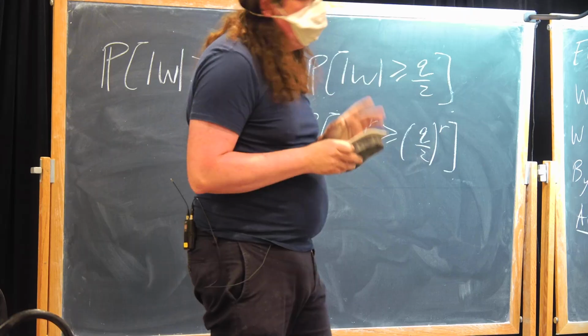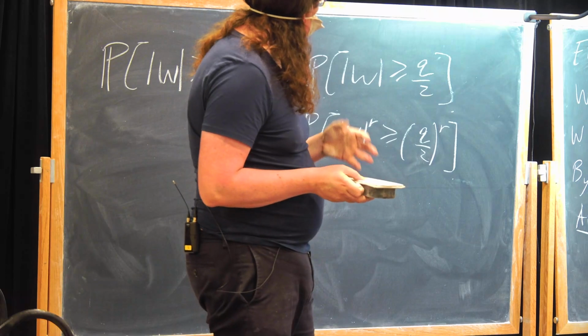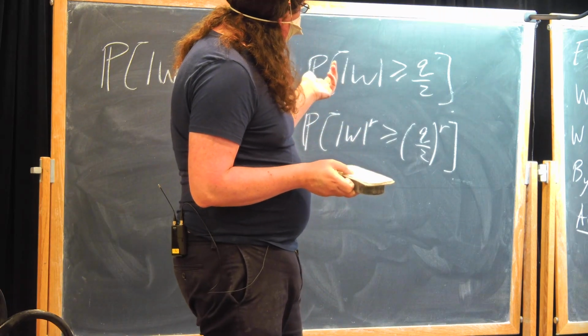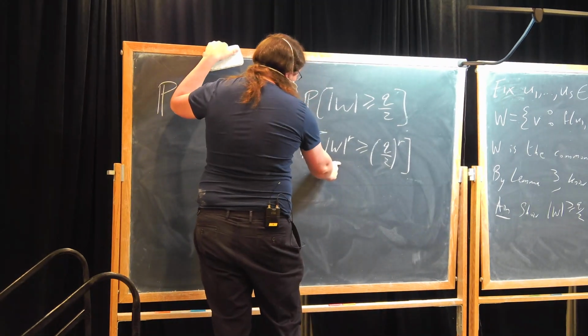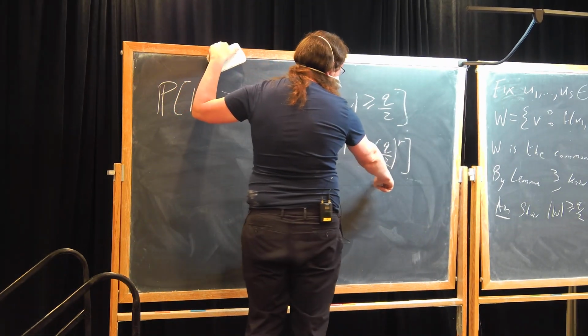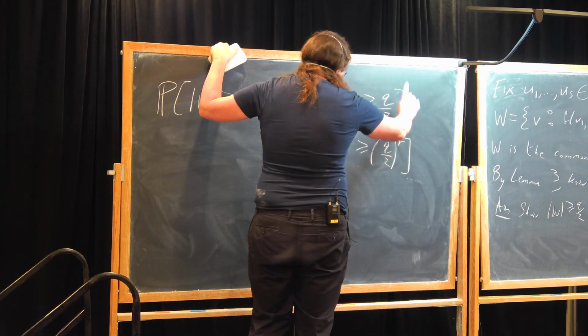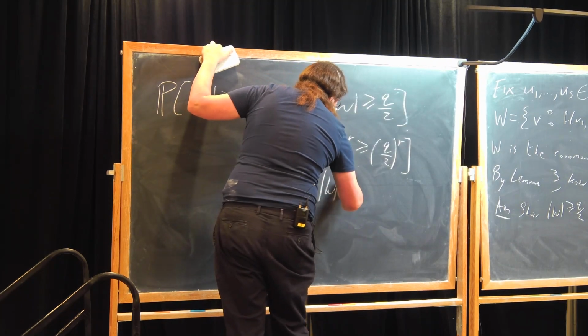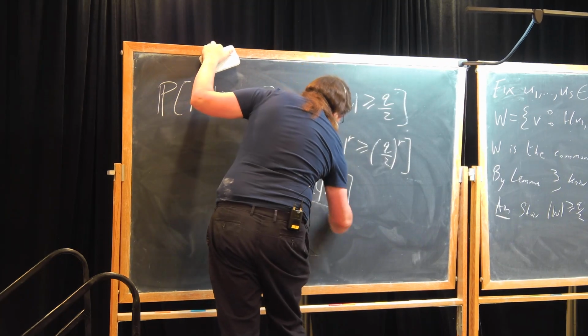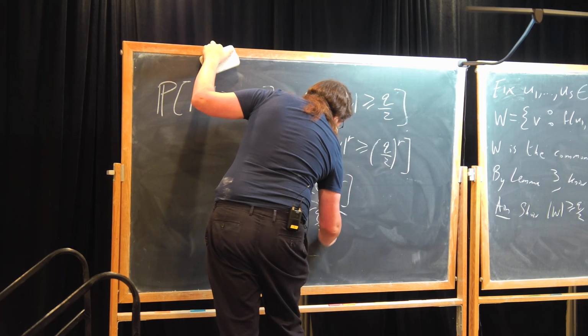And now we can use a very basic result in probability theory called Markov's inequality, which says that this is at most the expectation of the random variable divided by the bound that we're above. So this is at most the expectation of W to the r divided by this.